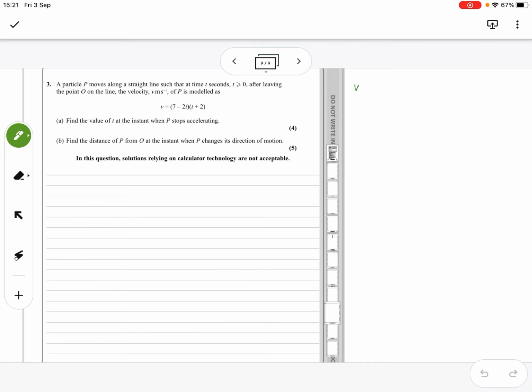So the first thing we need to do is to multiply up this bracket. What have we got? 14 minus 2t squared, minus 2t squared, oh this is weird, plus 7t.